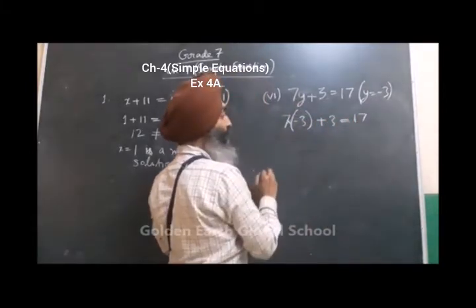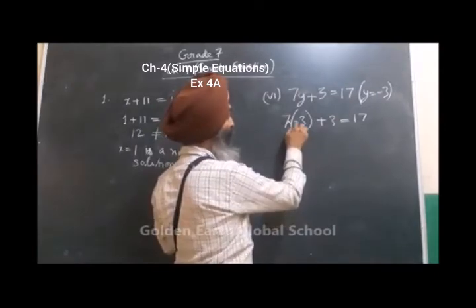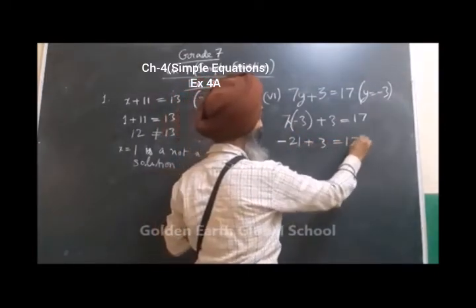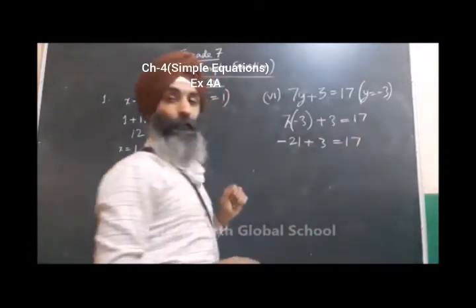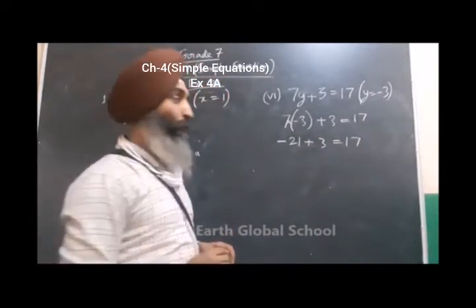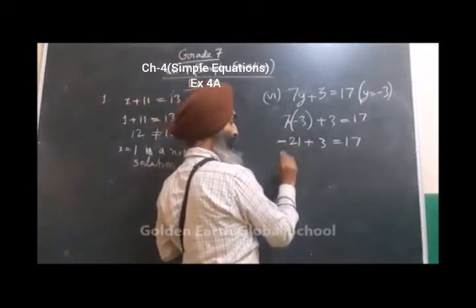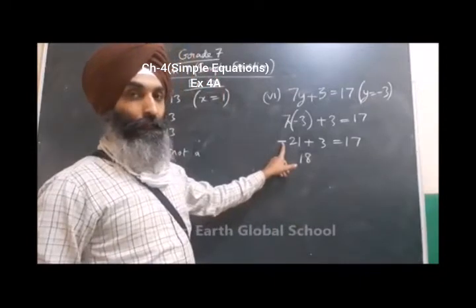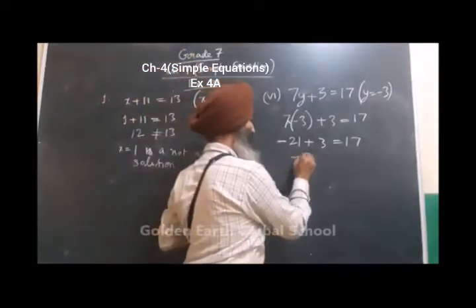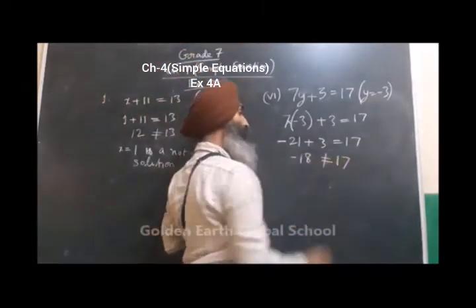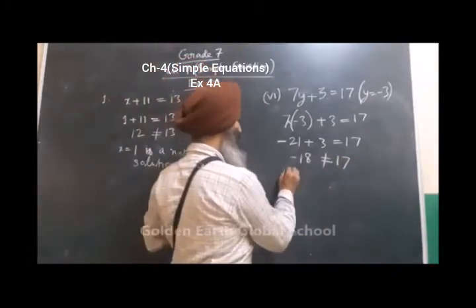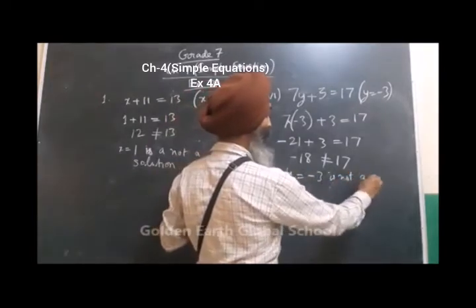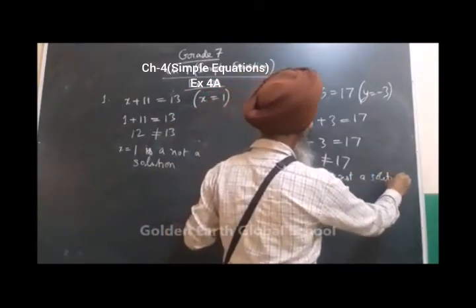So 7 times minus 3 is minus 21, plus 3 is equal to minus 18, which is also not equal. So it means y is equal to minus 3 is not a solution of this given equation.